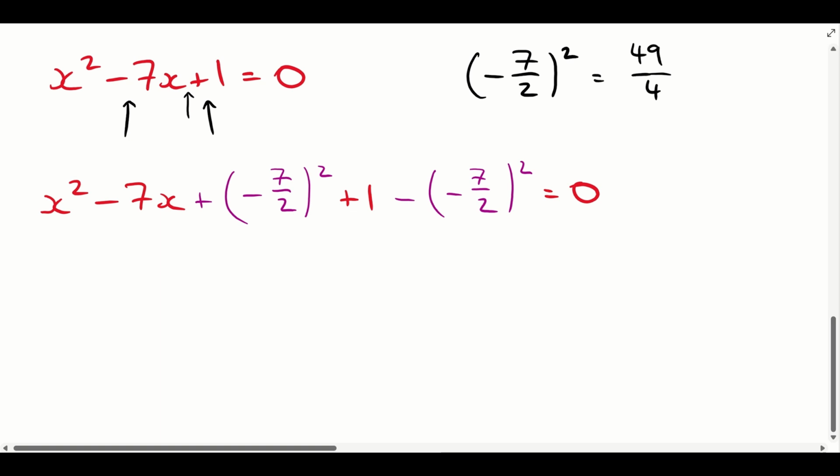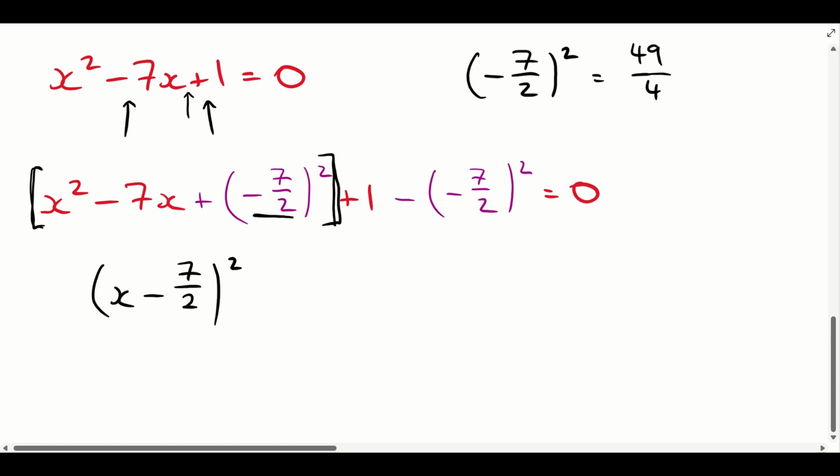Okay, well, what we learned from the pattern is that this part here will factorize nicely into a square bracket. So I end up with my x and whatever this bit in here is. So x subtract 7 over 2, all squared. So that's factorized my bit in these square brackets here.